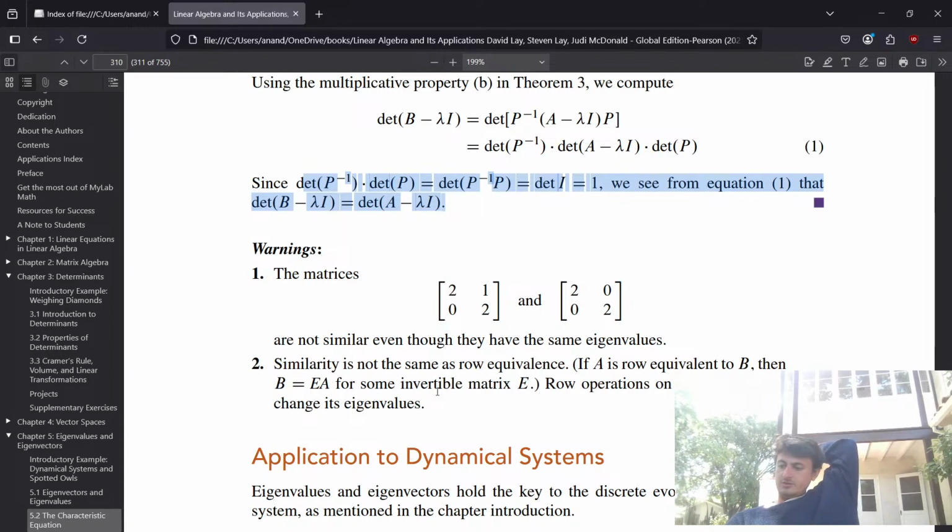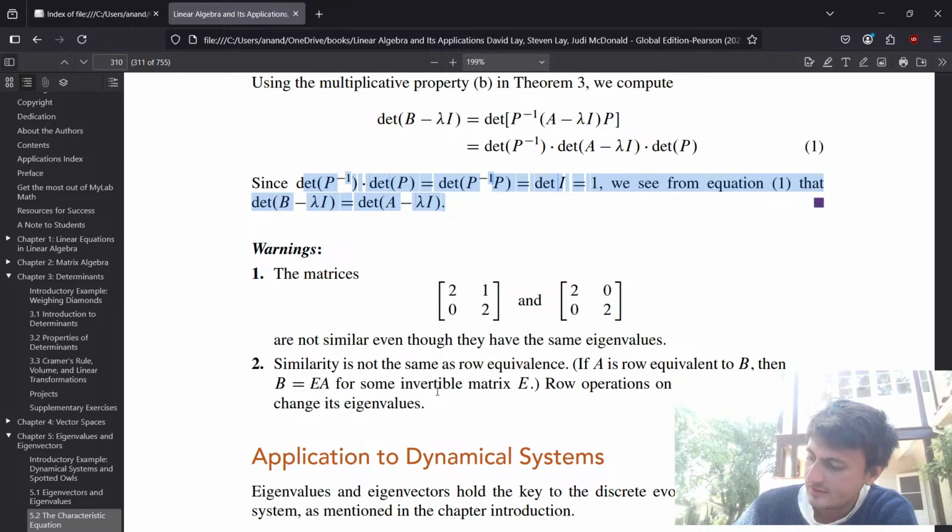Note, similar implies same characteristic polynomial, i.e. same eigenvalues, but same eigenvalues does not imply similar. So it's only in one way.